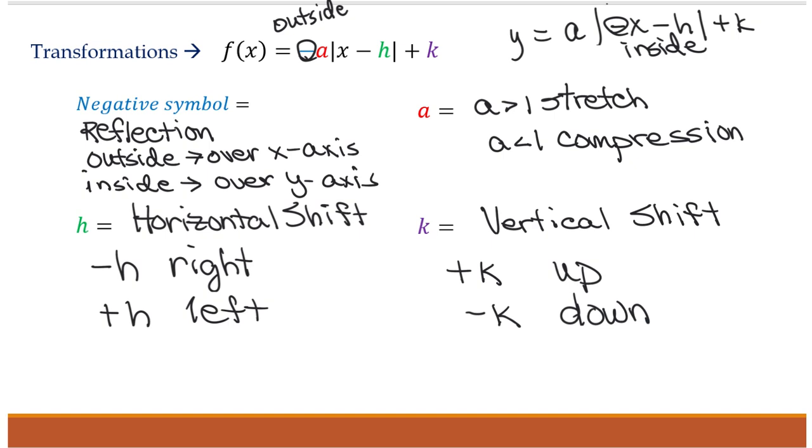So if we have minus H, that is moving to the right. If we have plus H, that is moving to the left. And K represents the vertical shift. If it is plus K, the graph is moving up. If it is minus K, the graph is moving down.